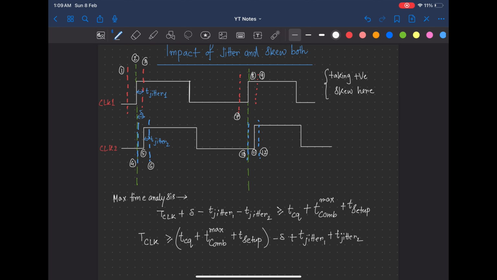Okay, so if in any case skew increases, it's okay, because overall it decreases, because here we consider only positive skew, but the jitter will affect the T clock in some way in the max time analysis calculation. So I hope that you understand.